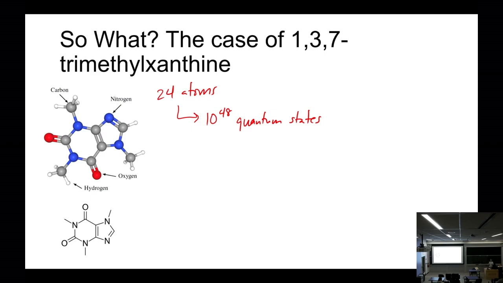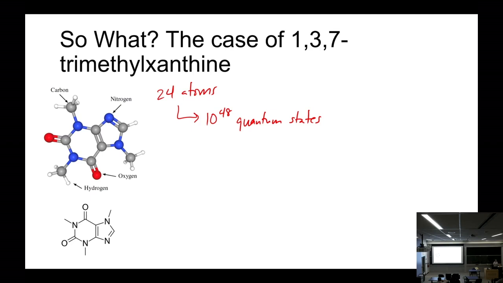For example, in hydrogen atoms, we have a 1s orbital that can hold 2 electrons, so there are 2 quantum states that we need to consider. In the minimal basis set that we want to consider representing this in, we're going to have 1 bit for each quantum state. So that's 10 to the 48 bits.